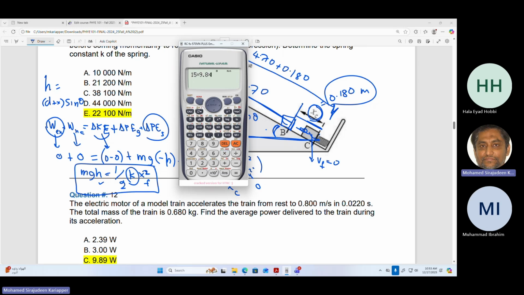Multiply by, I'll put in the bracket because we are going to have the D plus X. D is how much? 4.7 plus X is 0.18. Close it. This is the D plus X. Multiply by sine 30. Is it 30?